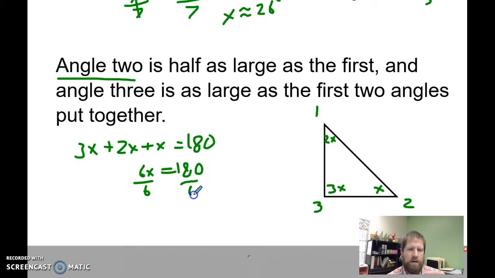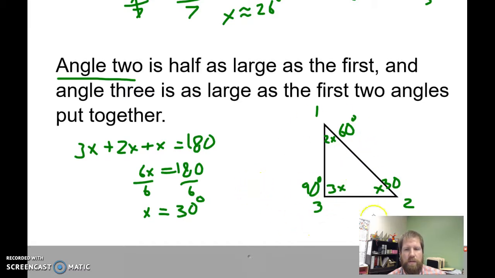Divide by 6. x equals 30 degrees. So angle 2 is 30 degrees, this is going to be 60 degrees, and this is going to be 90 degrees. Oh, look at that. It looks like a 90-degree angle on our diagram, and it turned out to be a 90-degree angle.